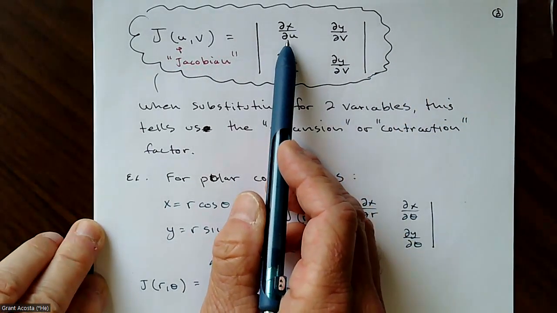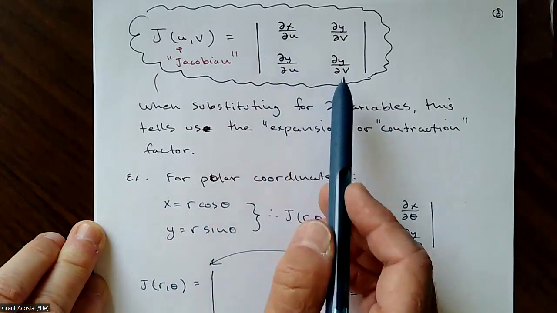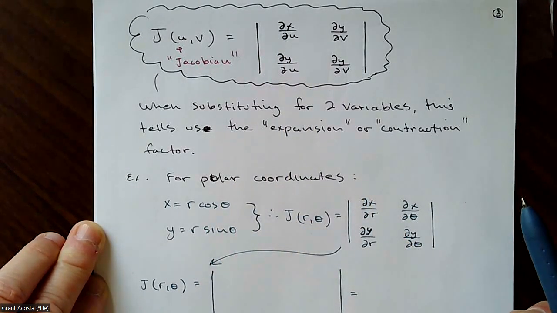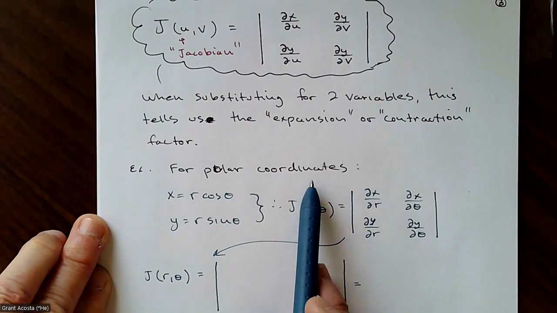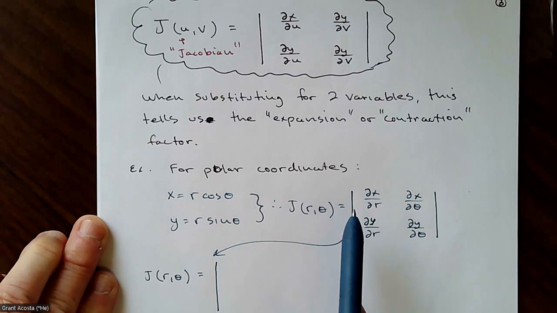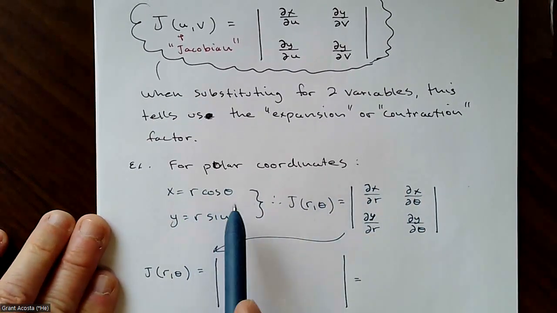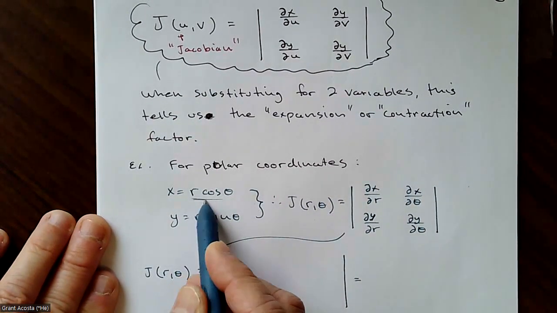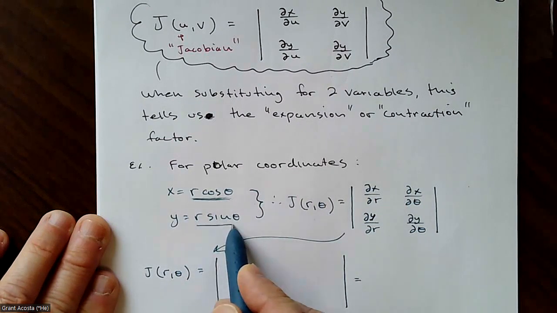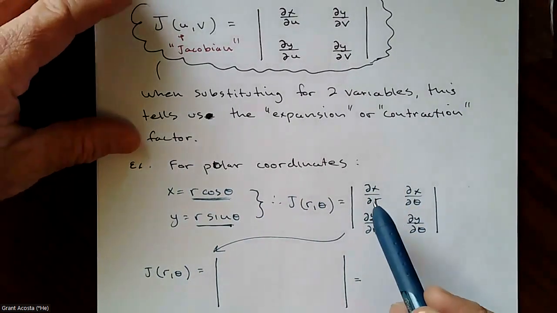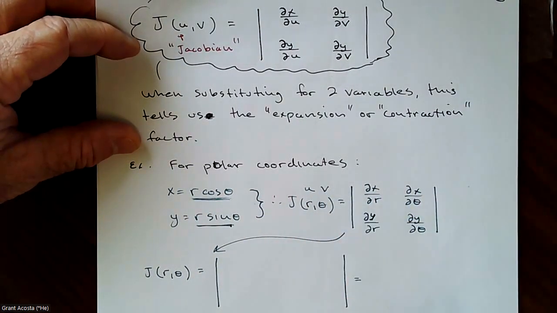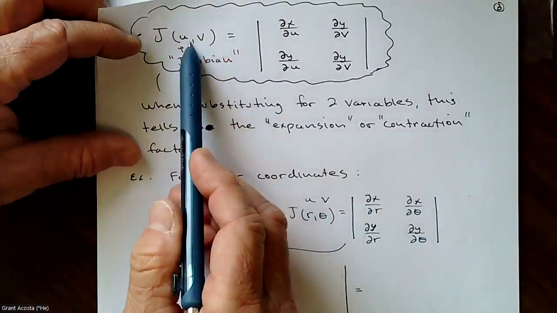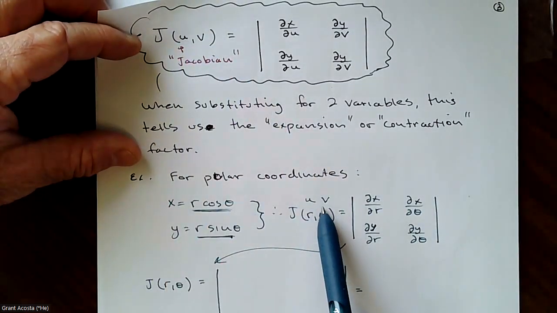And the determinant of this matrix will give us the expansion or contraction factor. So the one we just did, for example, in polar coordinates, to show why that r has to be there: in polar coordinates, we really are doing two substitutions. We're letting x be r cosine theta and y be r sine theta. So r would be like my u, theta would be like my v. These are just any two variables here, right?